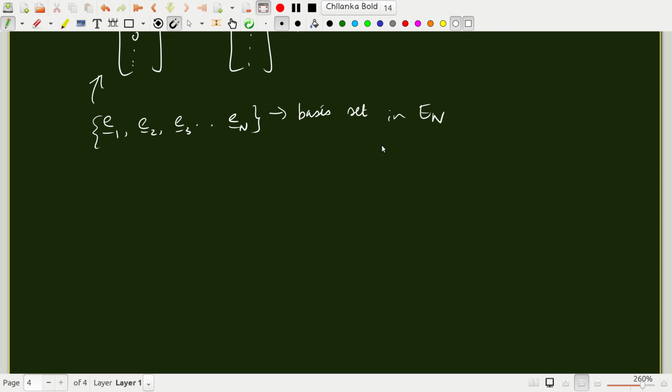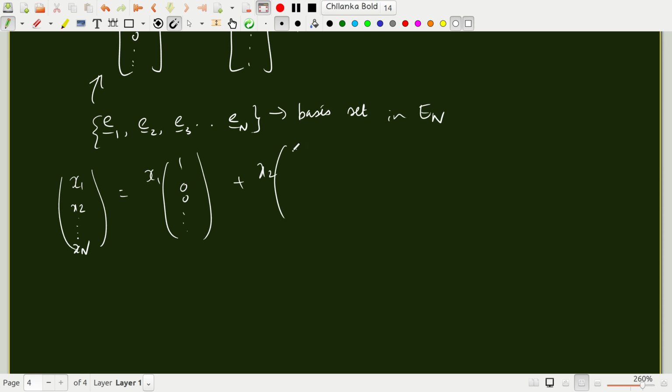So any vector x_1, x_2, ..., x_n can be written as x_1 times 1, 0, 0 plus x_2 times 0, 1, 0, plus so on up to plus x_n times 0, 0, all the way up to 1.